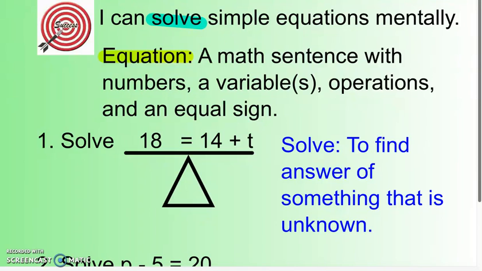Below you'll see the first one is an equation, and I want you to notice that we have the right side of the equation as well as the left side. Then I want you to notice that below it you'll see a symbol, and I want you to think to yourself, what's the first thought that popped into your mind? What does that look like?